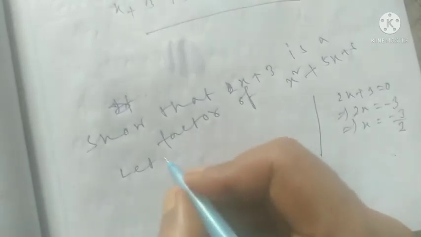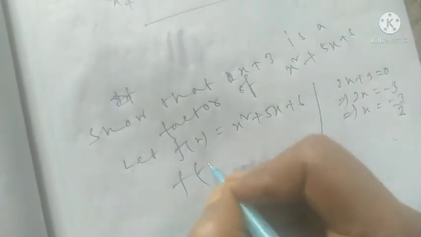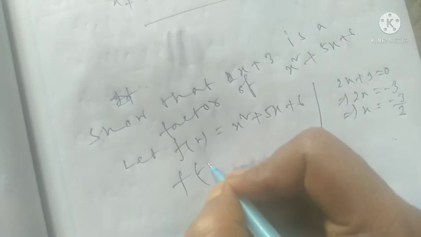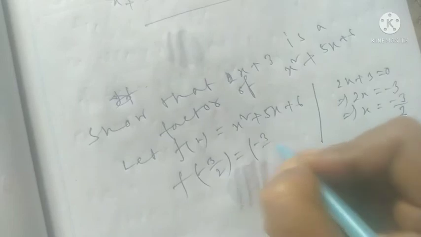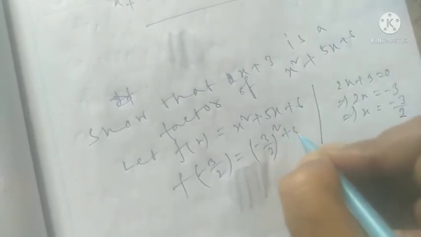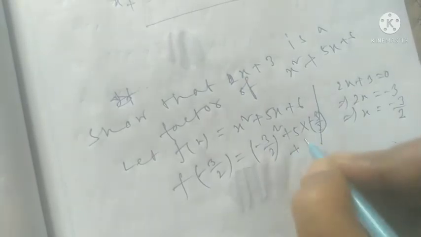So let f of x be equal to x square plus 5x plus 6. Then the remainder will be f of minus 3 by 2, which is equal to minus 3 by 2 square plus 5 into minus 3 by 2 plus 6.